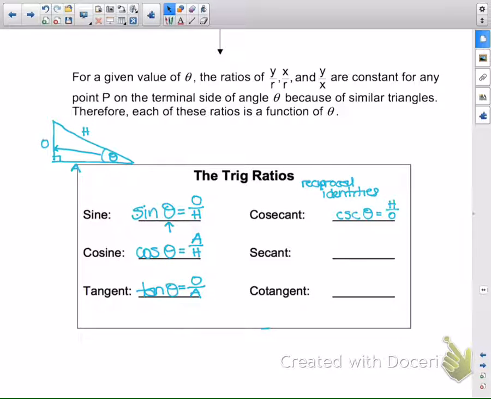Secant, its abbreviation, SEC, of an angle is equal to the flipped version of cosine, which is going to be H over A. Okay. Cotangent then is COT, flipped version of tangent, which is going to be adjacent over opposite.